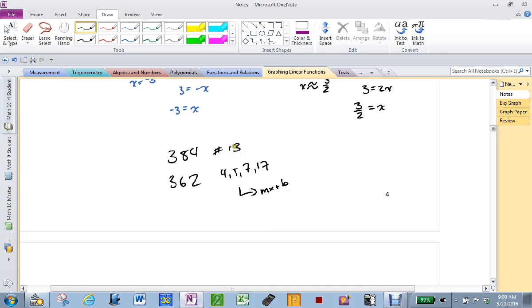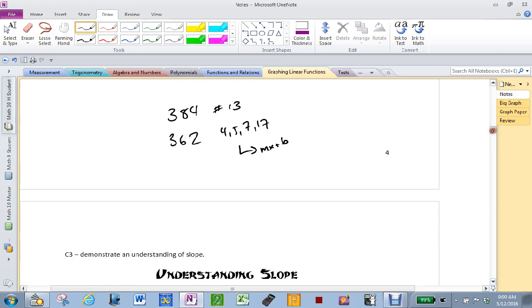For number 13, when you look at it in your textbook, you will notice something. It's not written in this form. Right? So I want to remind you guys of something.